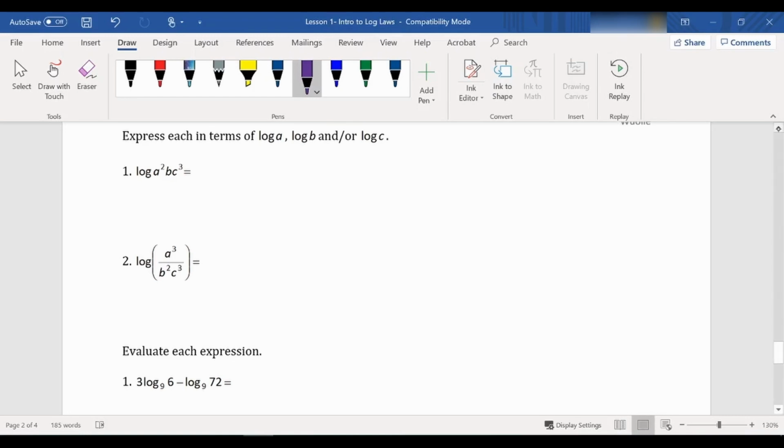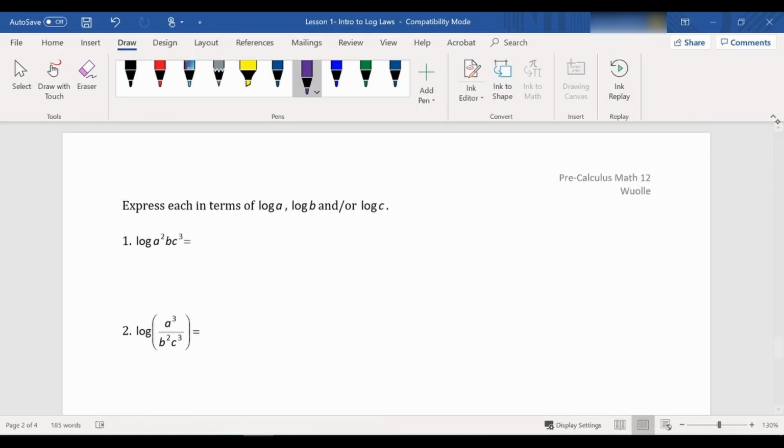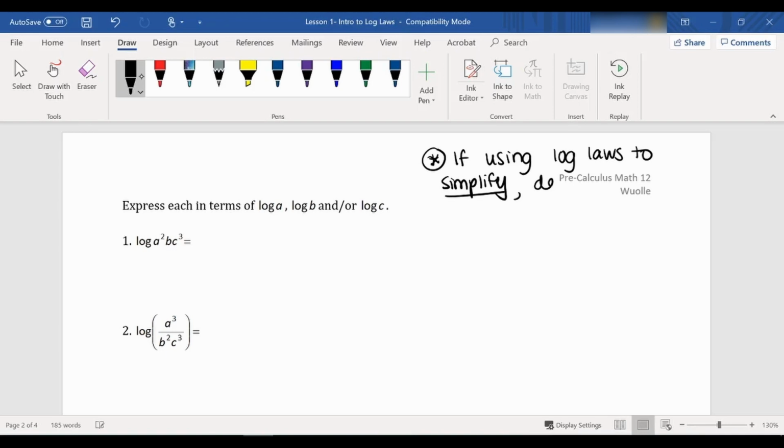So maybe I'll write this down for you. Okay? If you're using log laws to simplify, like we did on the previous page, deal with power law first, then product or quotient law.